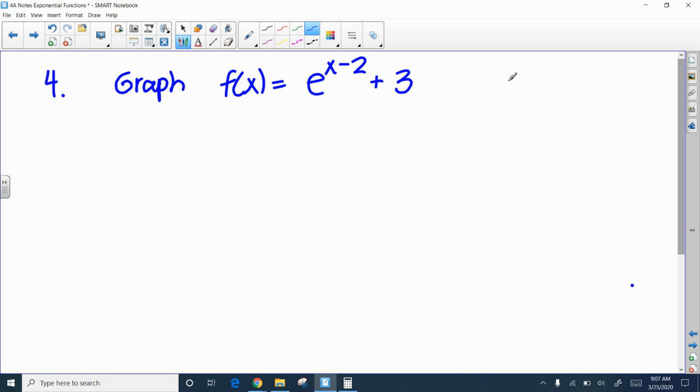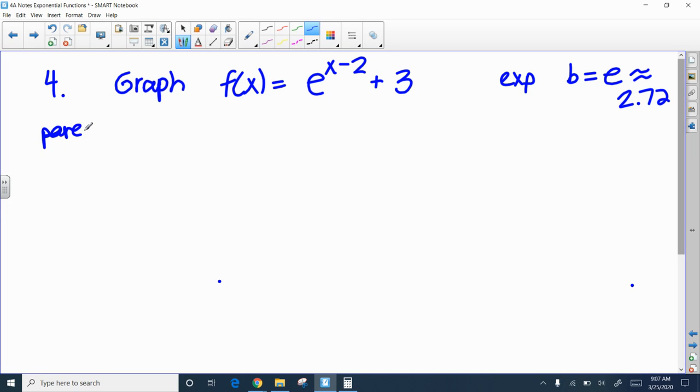All right, let's check. So this one is also exponential, but this time our base is e. And remember, e is a number that's approximately 2.72. So we could use decimal approximations if we need to.